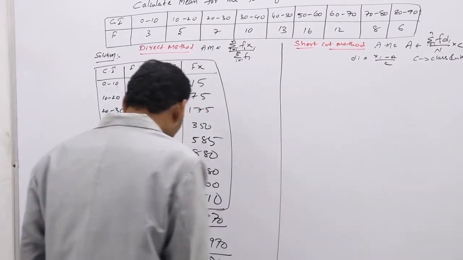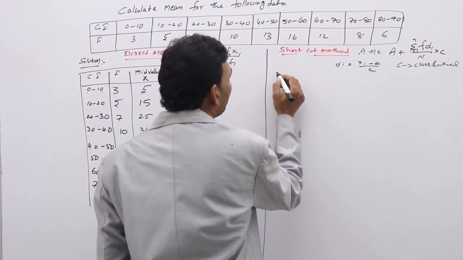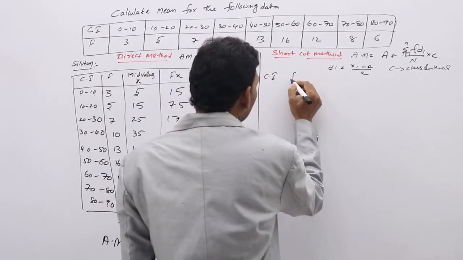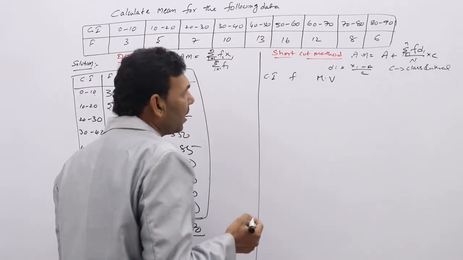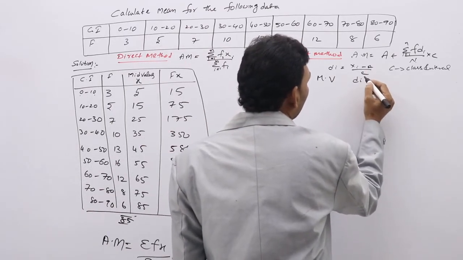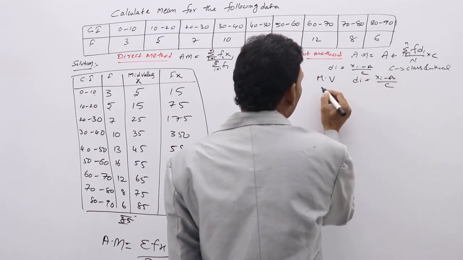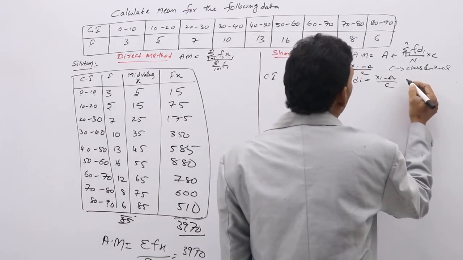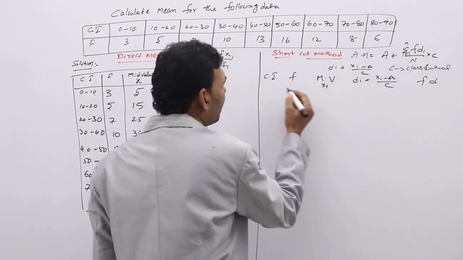At the end, we need to use the calculator. In the shortcut method, you write the class intervals, frequencies and mid values. Along with mid values, you need di, that is xi minus a by c, and fd, f into d.